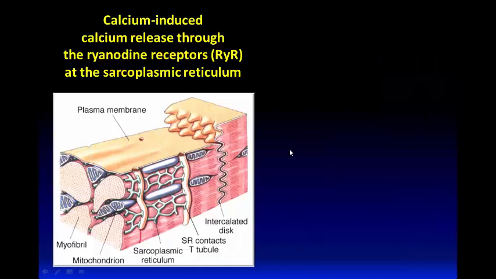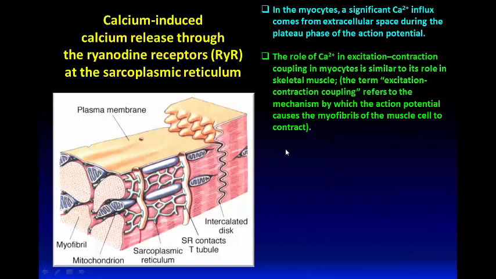In myocytes, a significant calcium influx comes from the extracellular space during the plateau phase of the action potential. The phases of the action potential will be described in detail in the next physiology lecture in the cardiovascular block.